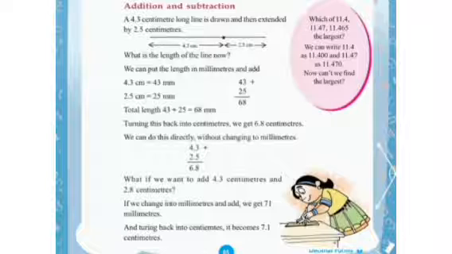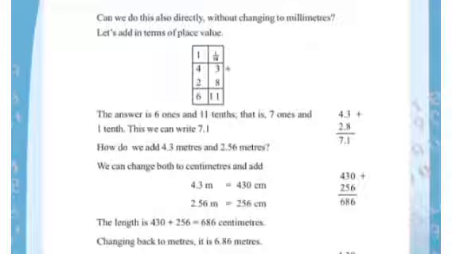Okay, then what if we want to add 4.3 centimeters and 2.8 centimeters without converting them to millimeters? We can add 4.3 plus 2.8 and obtain the result 7.1 centimeters. In millimeters, we can say it is 71 millimeters. Let's look at how we add, starting with the place values.